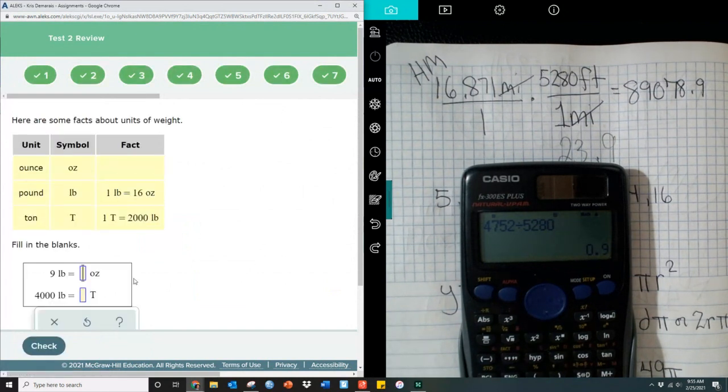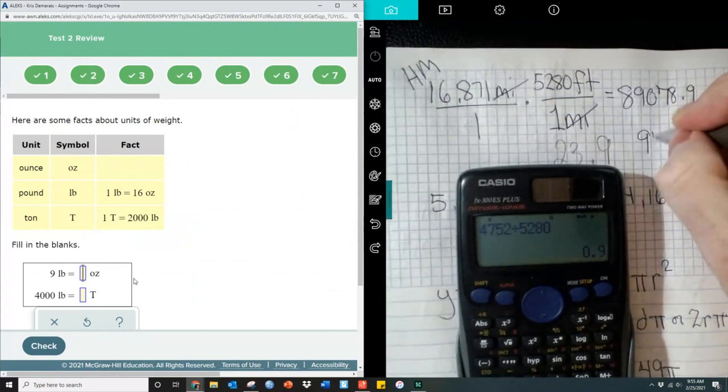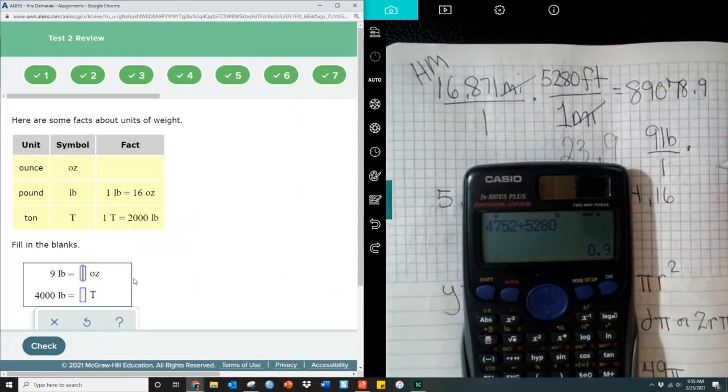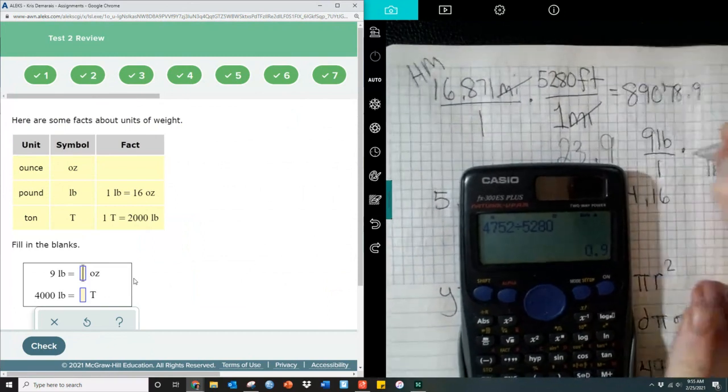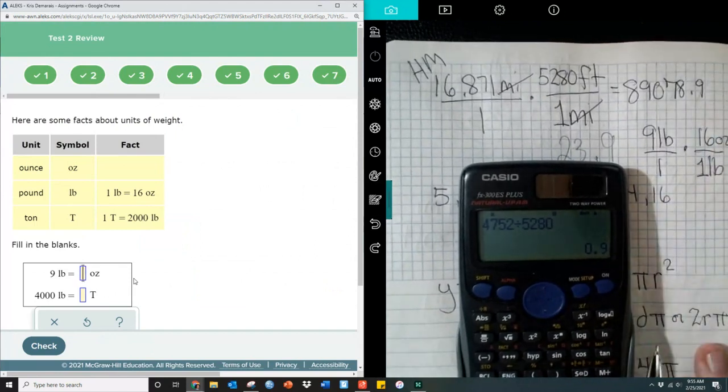And I mean, they give a lot of questions like this. So you put 9 pounds over 1, knowing that I'm going to go ahead and put pounds in the bottom. All right, 16 ounces is equal to 1 pound. Therefore, 9 times 16 equals 144.